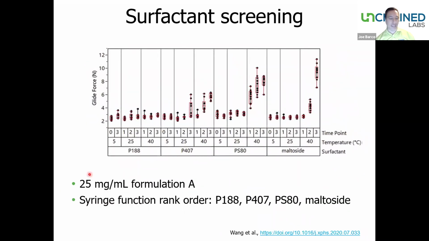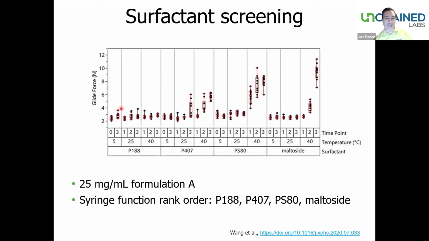And so what they did is add in two additional surfactants, P407, poloxamer 407, and maltoside. Neither one of these is used in biologics formulations, but they are good intermediate surfactants to piece this information out. So they started with just formulation A and one concentration, 25 mg per mL, and then looked at the glide force again.